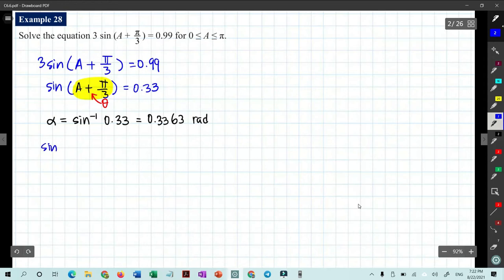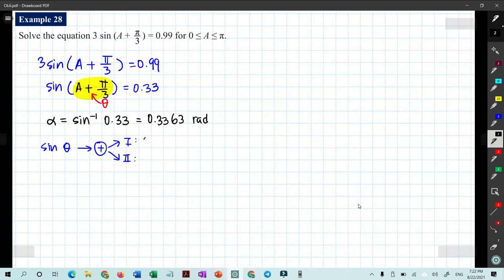So sine theta is positive in quadrant number 1 and quadrant number 2. For quadrant number 1, the formula to calculate theta is theta equals alpha, and for quadrant number 2, theta is 180 minus alpha.